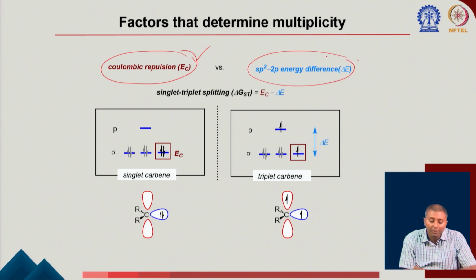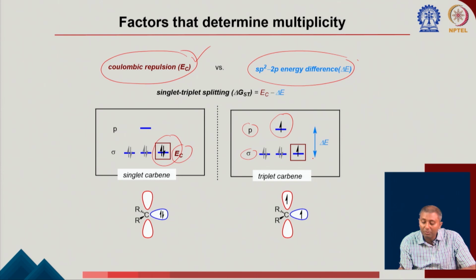In the case of singlet carbene, because the 2 electrons are paired up in 1 orbital, they can have a repulsion. This is called Coulombic repulsion, and that is how this energy EC comes into account. The other is the gap between this sigma, which is the hybrid orbital, and the p orbital, which was empty, but in the case of triplet has 1 electron there.